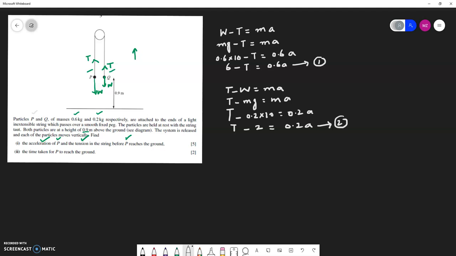Now by solving these two equations, equation number 1 and equation number 2, we can find the value of the acceleration.